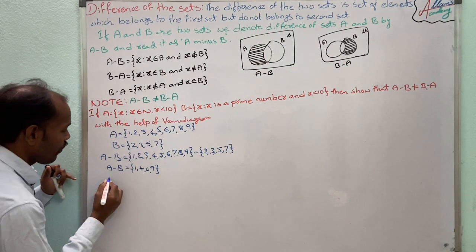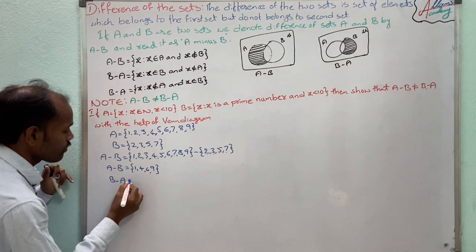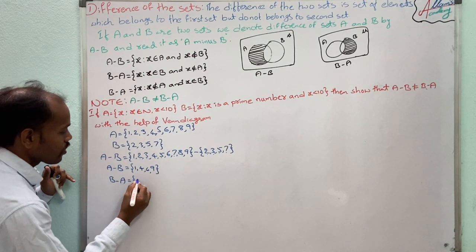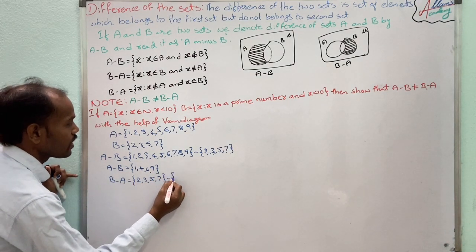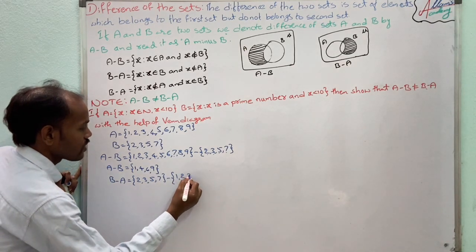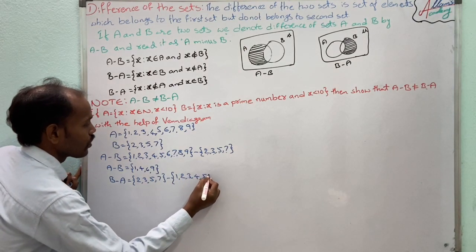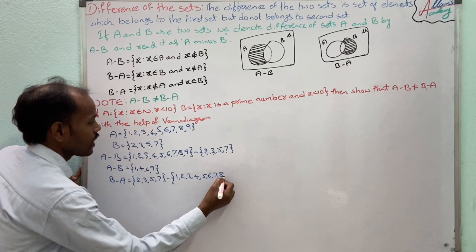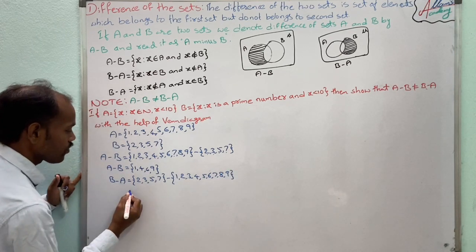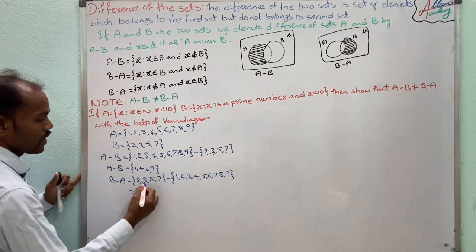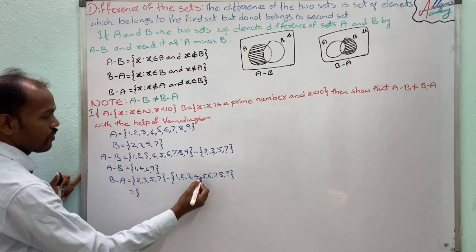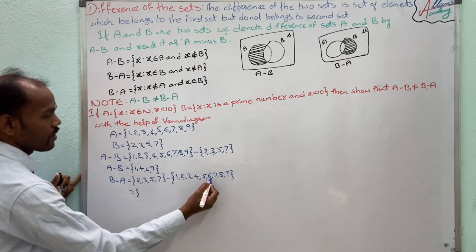Now if we find B minus A, the set B with the elements 2, 3, 5, 7 minus the first set 1, 2, 3, 4, 5, 6, 7, 8, 9. Now here the common elements are 2, 3, 5 and 7.